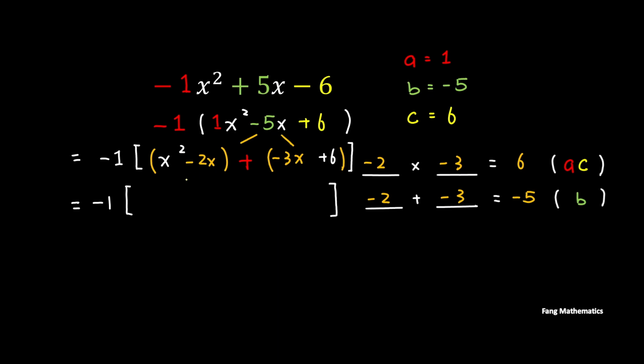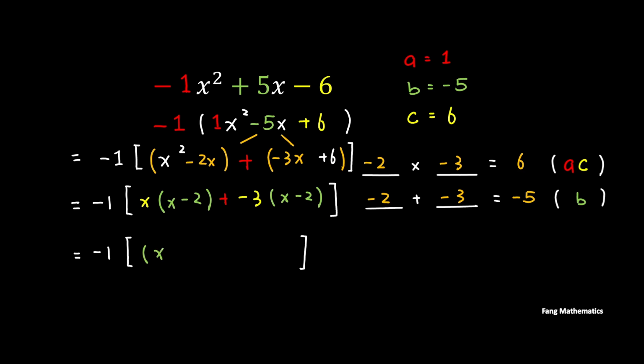Let's factorize the highest common factor in the first parenthesis. So you should have x, and whatever remains should be x minus 2. You have the plus sign. Let's look at the second parenthesis. You can factorize a minus 3, and then inside becomes x minus 2. And now let's apply the distributive property where you have x minus 2 in common.